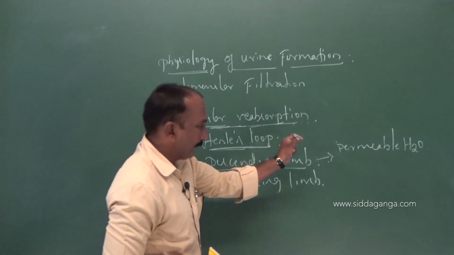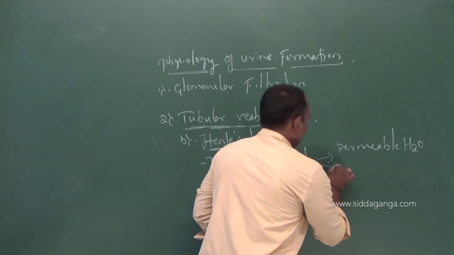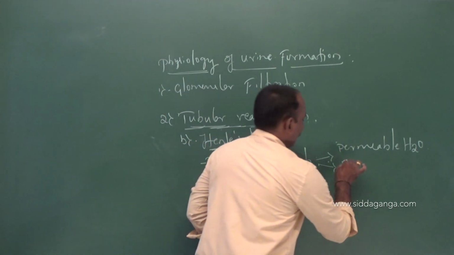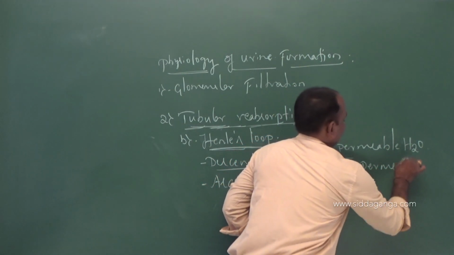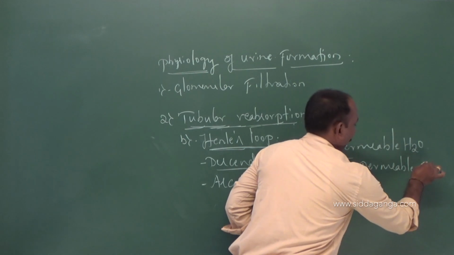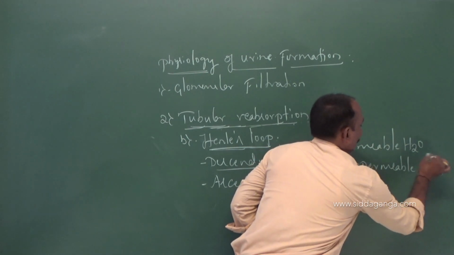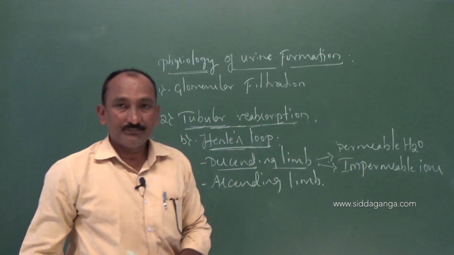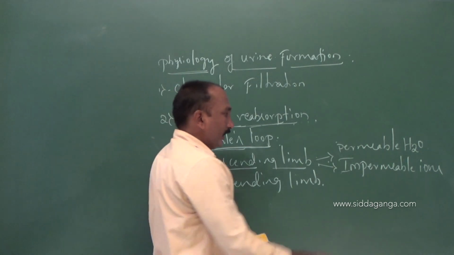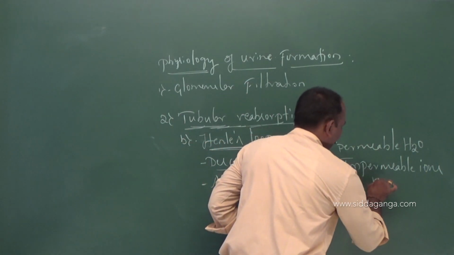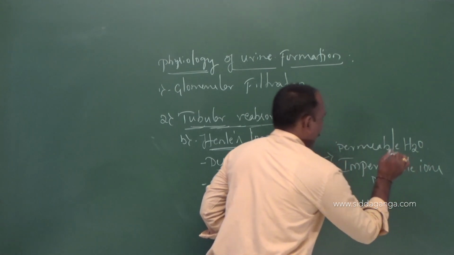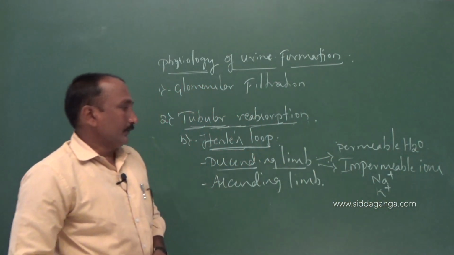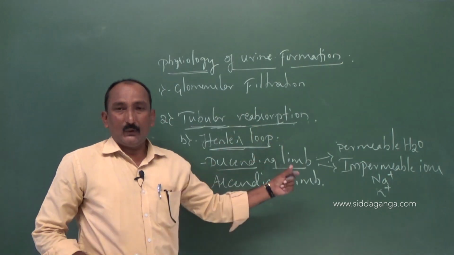So it is permeable to water, but it is impermeable to ions. What are those ions? The ions may be sodium or potassium. So it is impermeable to ions.